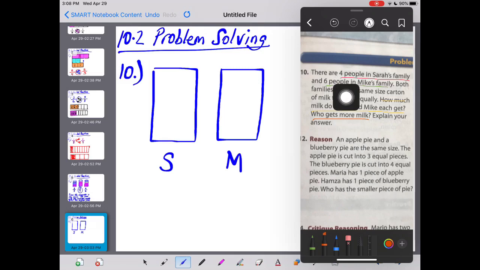Now it says Sarah's family has 4 people in it, and if they share this milk equally, I think we better divide Sarah's milk carton into 4ths, right? 4 equal parts, 1 for every family member. So I'm going to divide this into half, half again, and half again over here. And now we have 4ths.